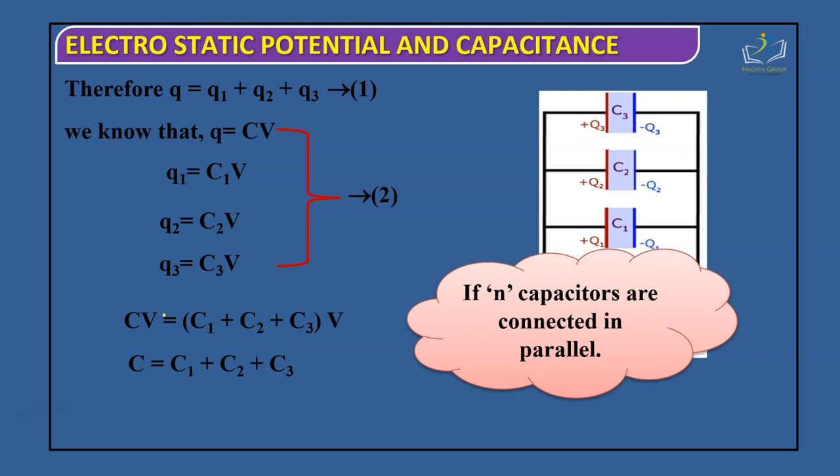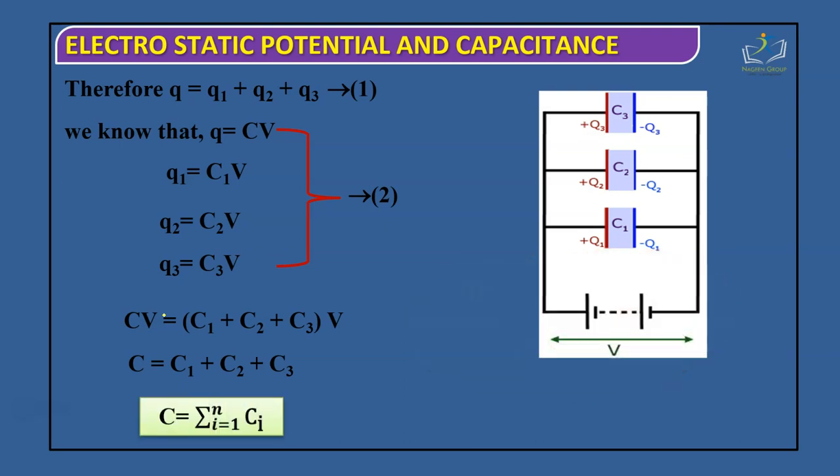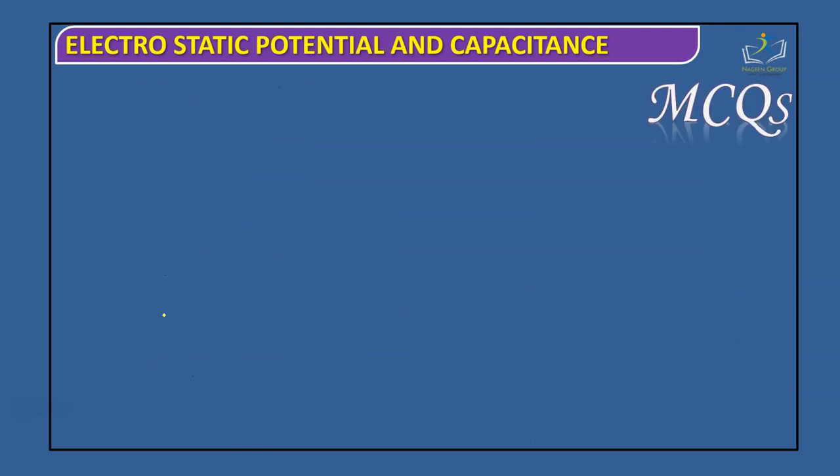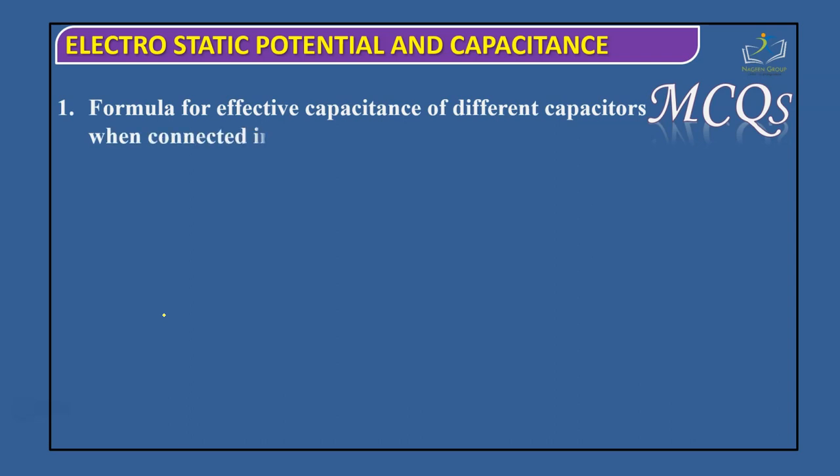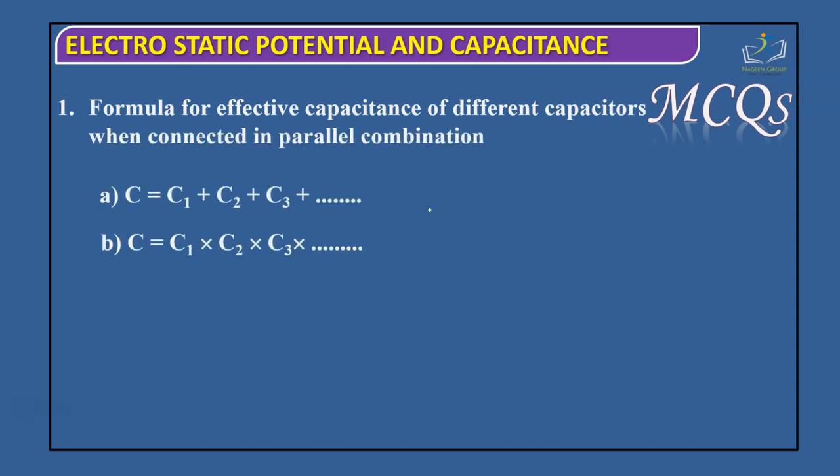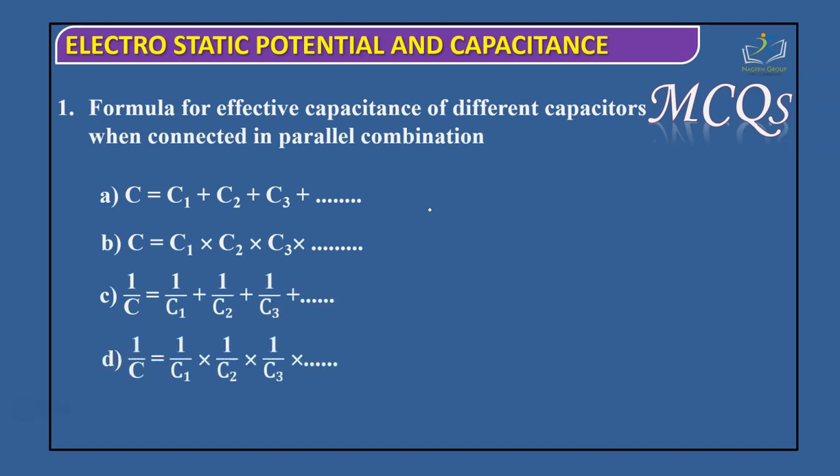If n capacitors are connected in parallel, we again have a discrete summation: C is equal to sigma i equals 1 to n of Ci. Let us move to some questions. Formula for effective capacitance of different capacitors when they are connected in parallel. I hope you did it.